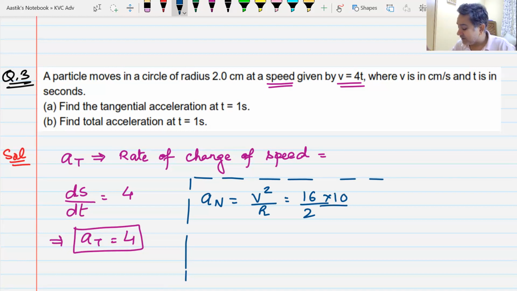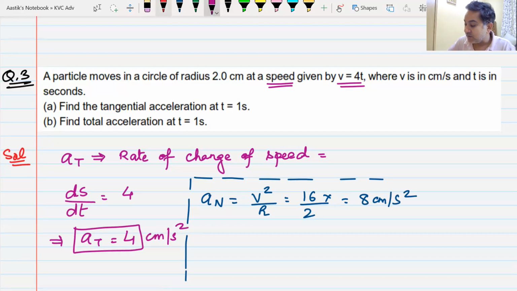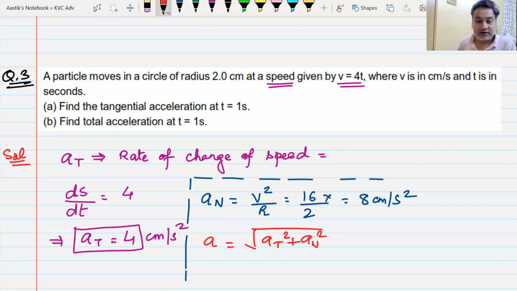You can just keep it in centimeters, so the calculation becomes simple. So it becomes 8 centimeter per second square. This is 4 centimeter per second square. Now you have to find the total acceleration. Total acceleration is the square root of 8 square plus 4 square. You can square them, add them together, and we get the answer. Do we understand this? Yes, sir.